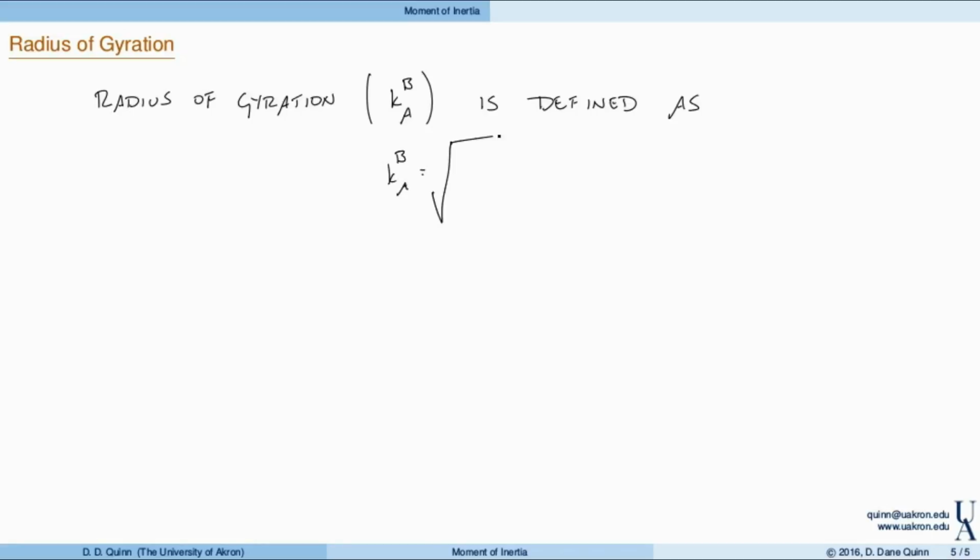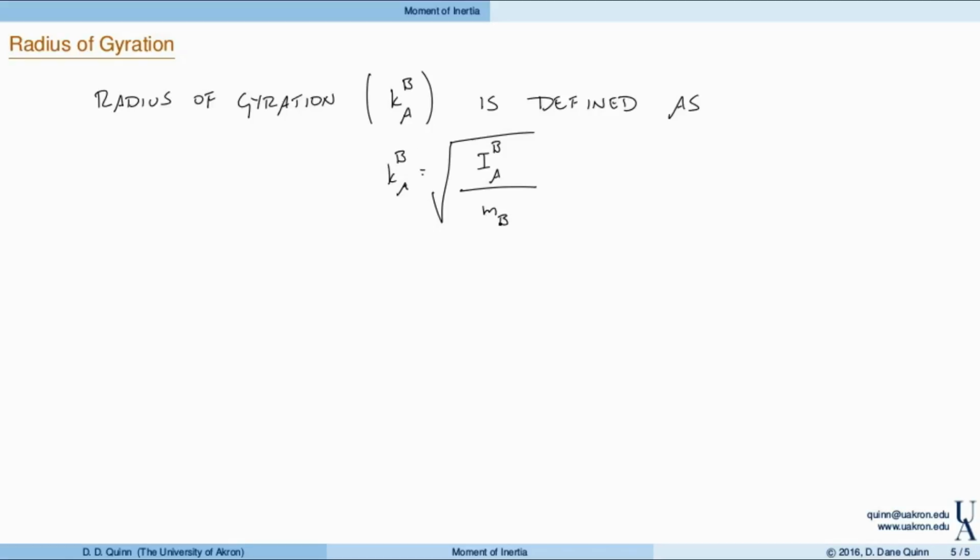It's the square root of the ratio of the moment of inertia of the body about point A divided by the mass of the body. So if I know the moment of inertia and I know the mass, I can calculate the radius of gyration.